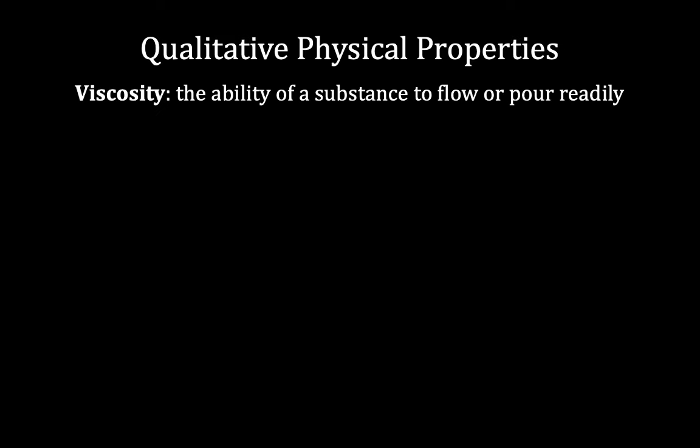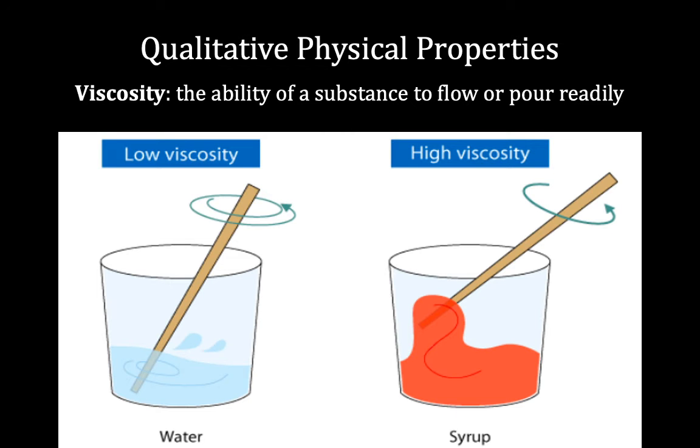Now, the next physical property is viscosity. And viscosity applies to liquids that can flow or pour easily or not easily. So let's take a look at an example of water and syrup.